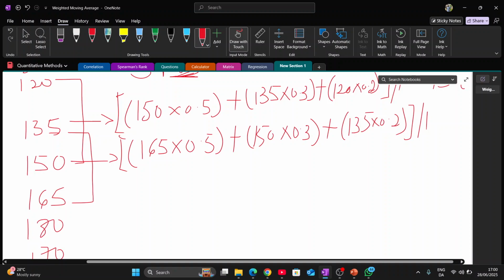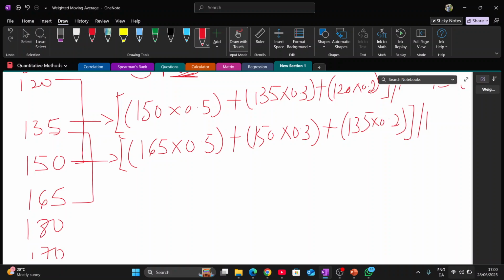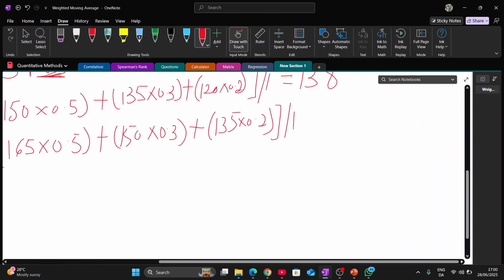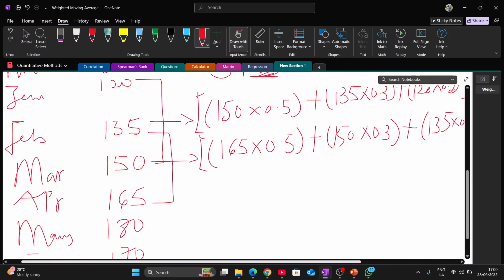So this trend value is 165 times 0.5 plus 150 times 0.3 plus 135 times 0.2, giving us a value of 154.5. Let's move on.